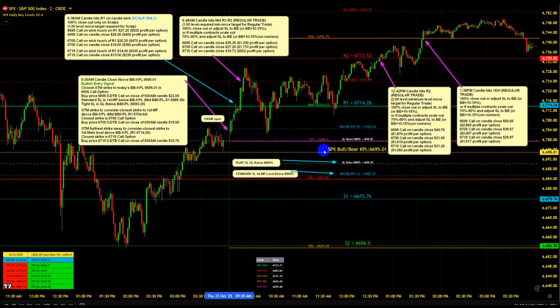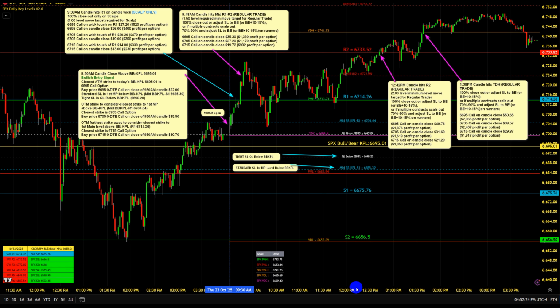It's a bullish trade, so we're looking 1.5 levels above. Remember, R1 is 1 level, mid R1 R2 would be the 1.5 level, R2 would be 2 levels, and then mid R2 R3 would be 2.5 levels. Same thing in reverse. If it was a bearish trade, 1 level below would be S1, 1.5 would be mid S1 S2, and 2 levels below in a bearish trade would be S2.